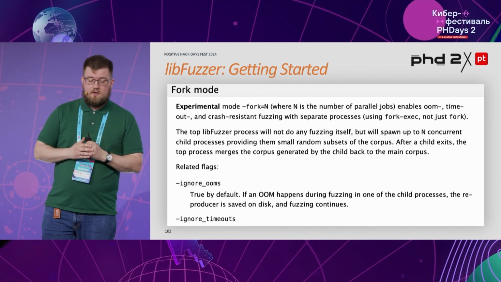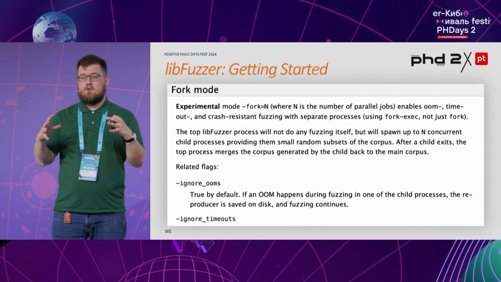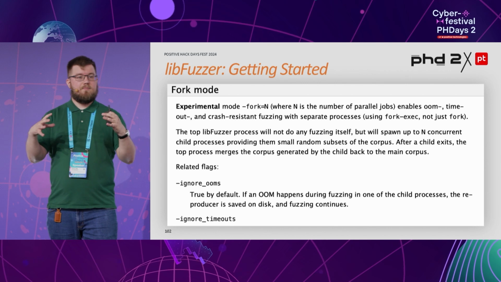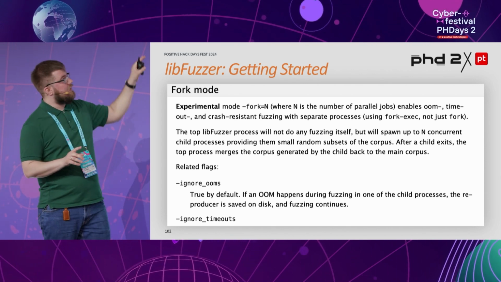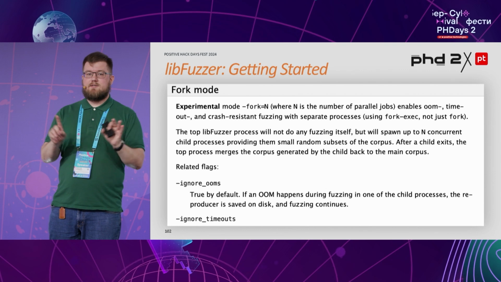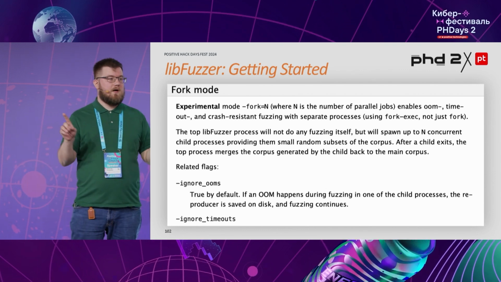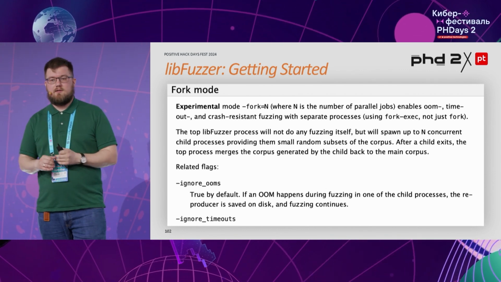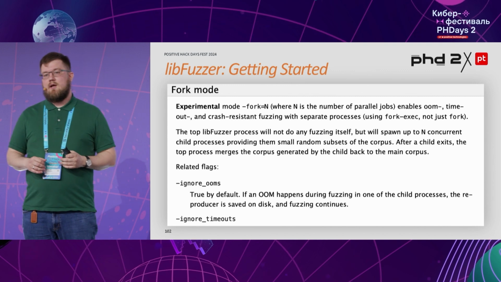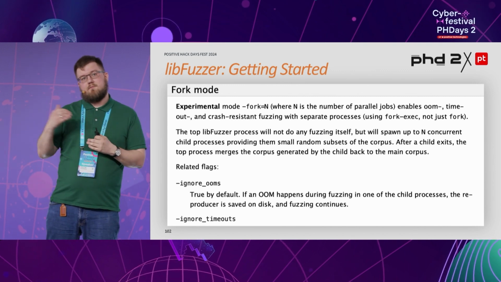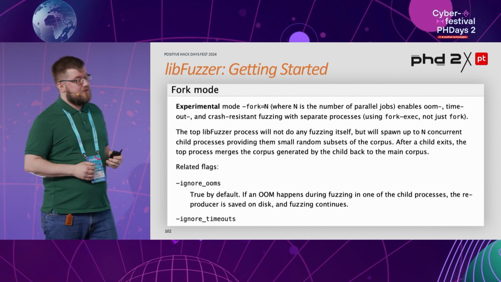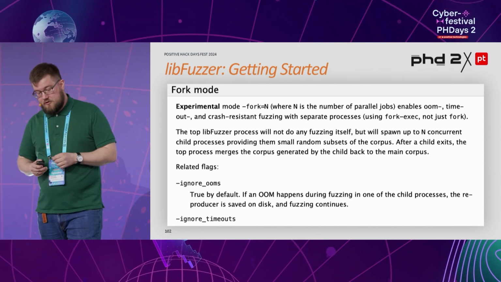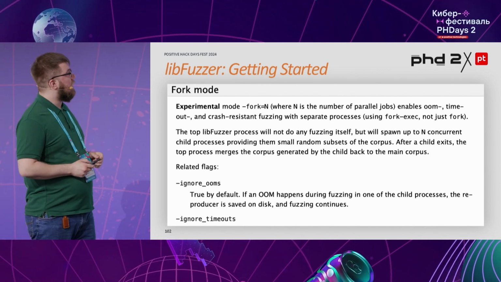LibFuzzer says we're an advanced fuzzer. We can start up the main fuzzer, and when the program is ready for the startup, they use the fork technique to create sub-processes. These sub-processes feed the data back, and that means that the program is not changed that much, and you save some time.